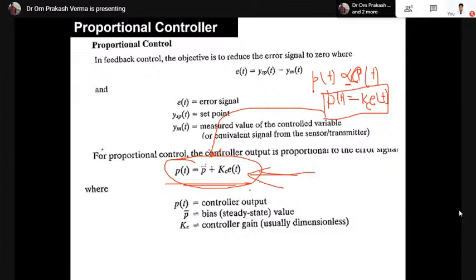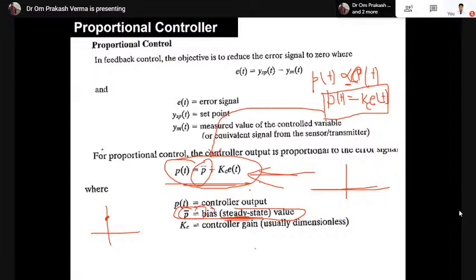Because when you perform a proportional controller experiment in the lab, there is some fixed value from which the system will start. That fixed value is nothing but the steady state value, and this P bar is known as the bias value.